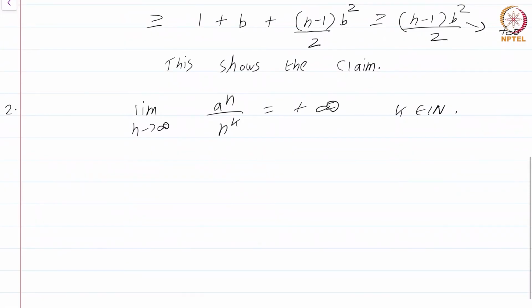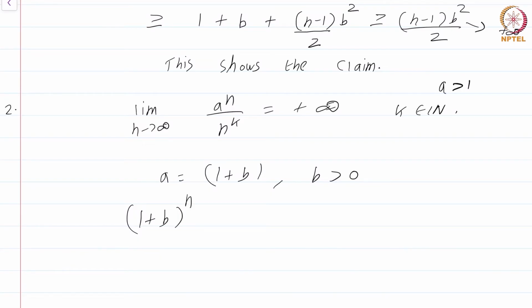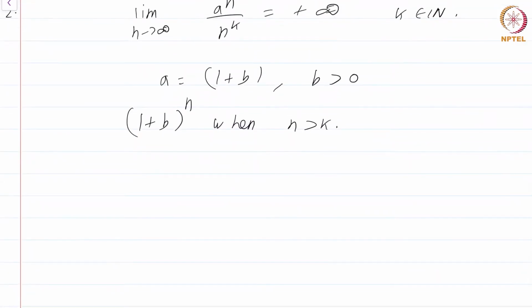Now, how do I show this? Well, this is slightly trickier, but it's exactly the same idea. Again a is greater than 1, write a as 1 + b where b is greater than 0, and look at (1 + b)^n when n is greater than k. Now, how will the binomial expansion look like?